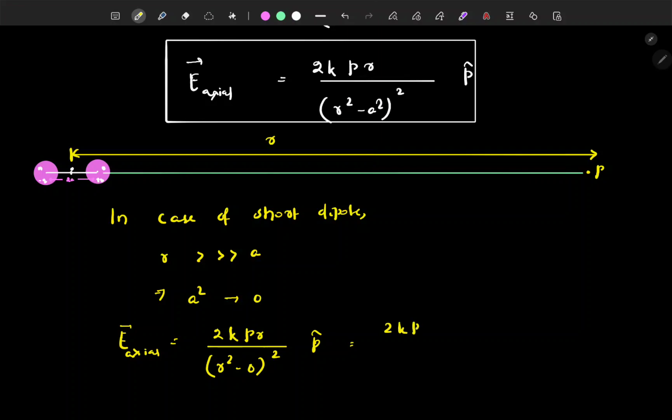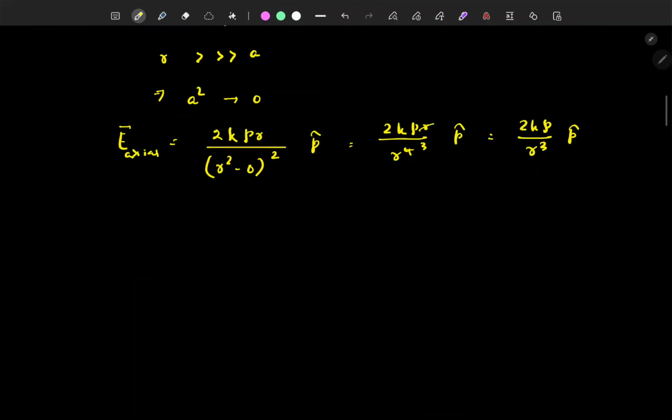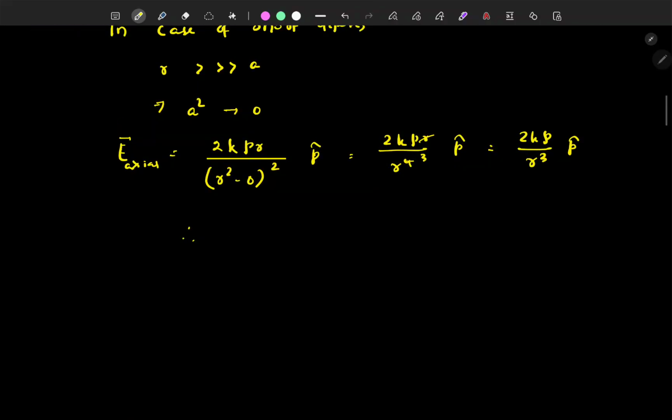That is 2kpr divided by R fourth, p cap. So it will be 2kp by R cube into p cap. Instead of k, we can write 1 by 4 pi epsilon naught.